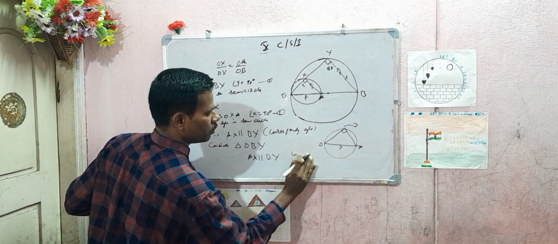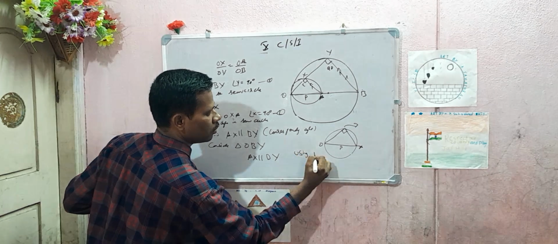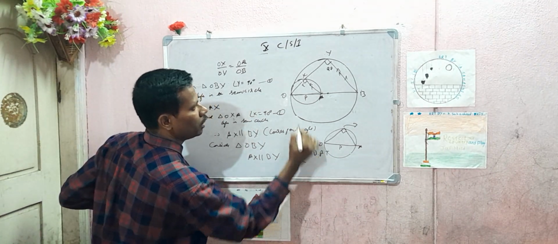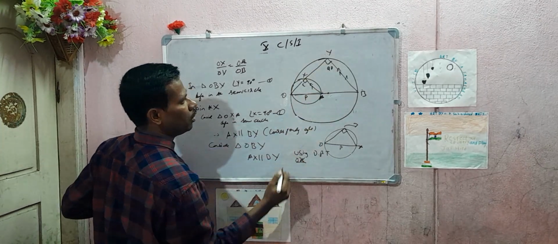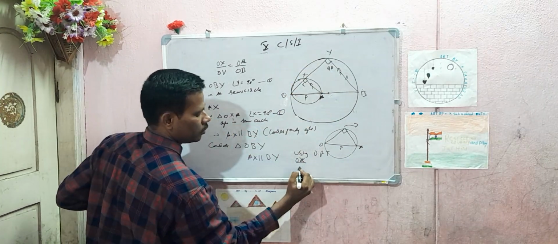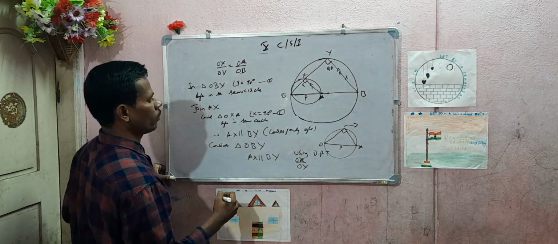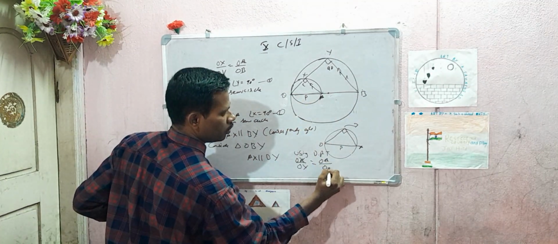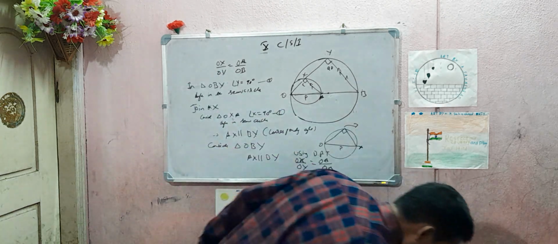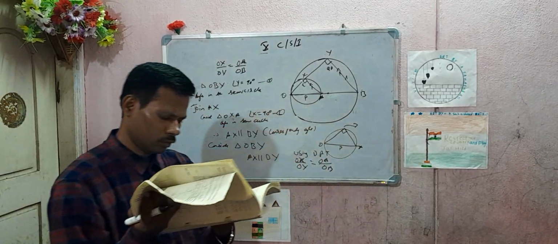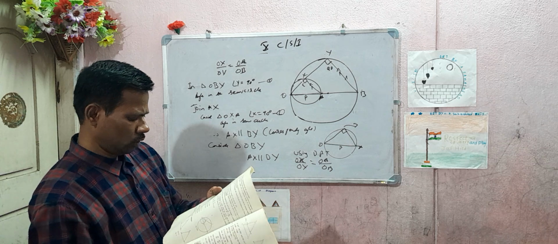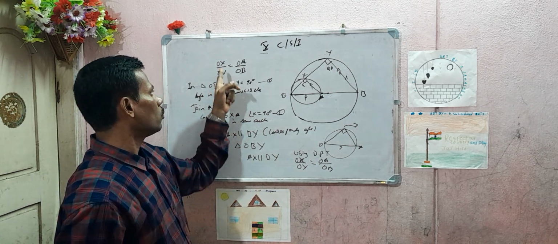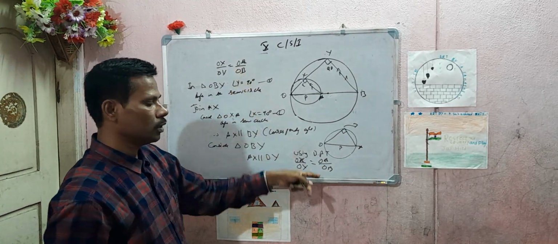Using the basic proportionality theorem, what will you get? OX by XY or OX by OY is equal to OA by OB. Hence we finish the problem. OX by OY is equal to OA by OB. That's it.